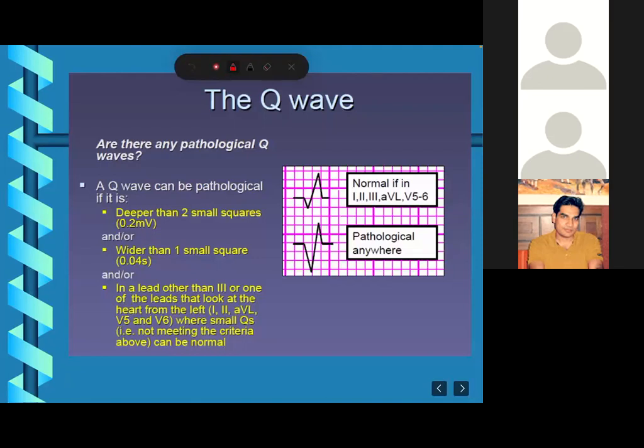Then the important thing is the Q wave. Q waves can be pathological, so when do we call them pathological? If it is deeper than two small squares, then it is pathological. Or wider than one small square.